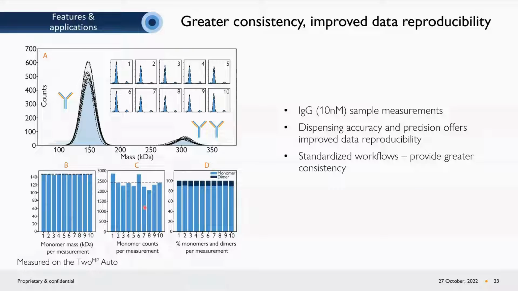While the counts are varying a little bit, I'd like you to have a look at this graph down here, which shows that the result is not affected by variations in the count rate. Because what is shown here is the percentage of dimers relative to monomers. And this is very consistent across all measurements. So is the mass, despite very small variations in the count rate. So yes, the robot definitely provides higher consistency than a manual operator.